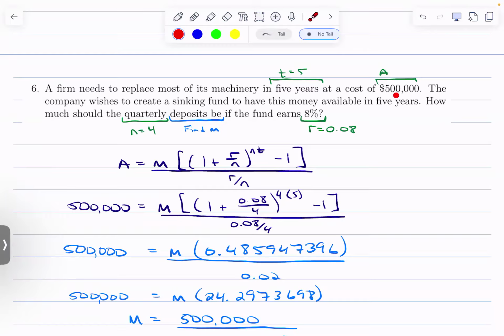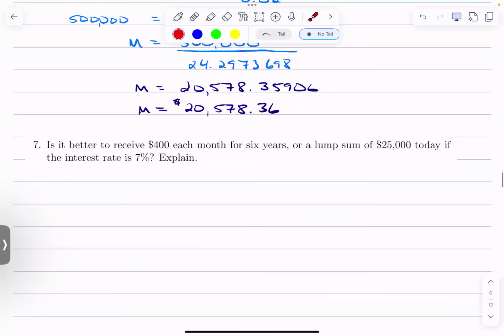It's kind of close to 500,000 because that's how interest works, right? But as long as you're in the ballpark, right? If you were getting like $1 million or something, then something went wrong. But just to check in.